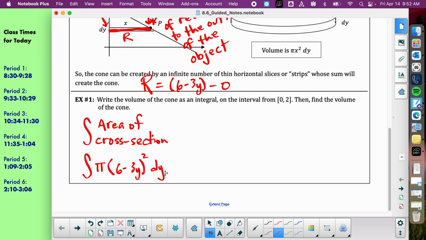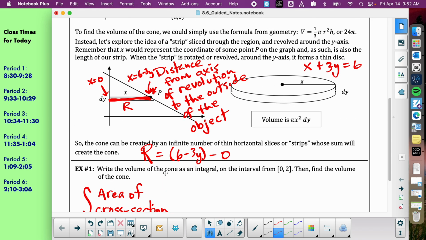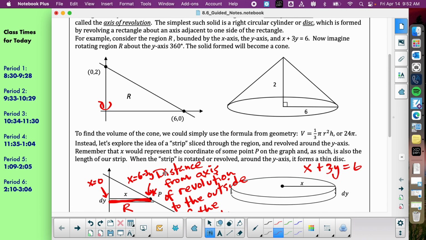Alex, what am I missing on this problem? I'm missing one thing. The interval. The numbers. So the lower bound and the upper bound. Okay, so 0 to, I think it was written up here, yeah.